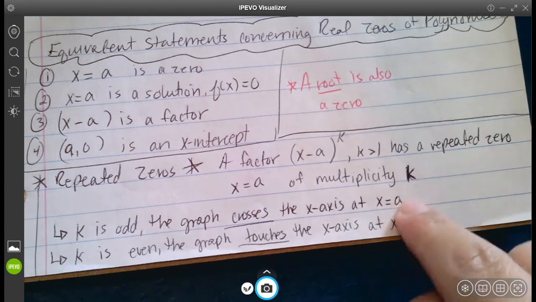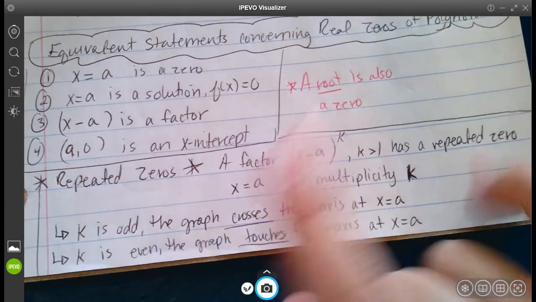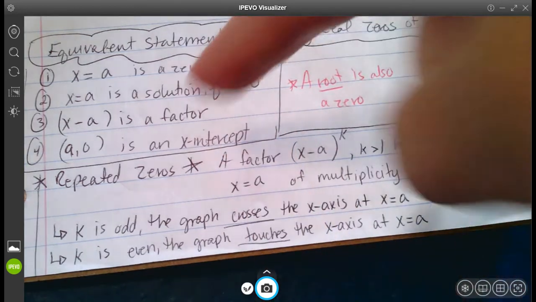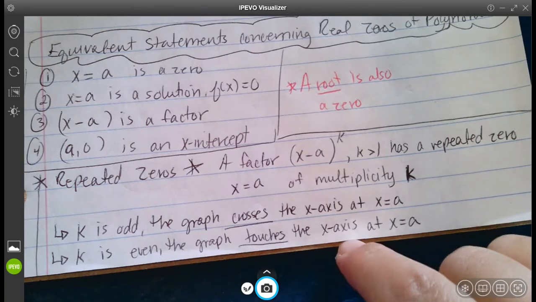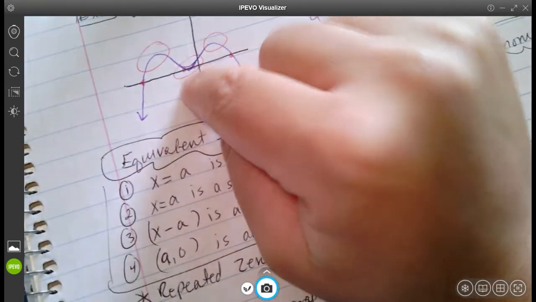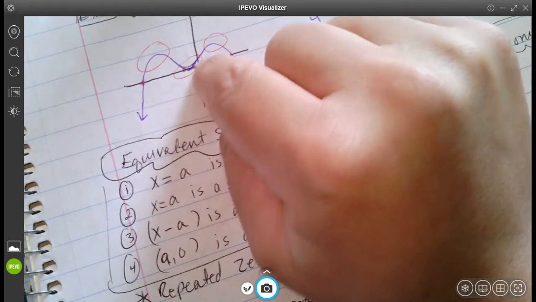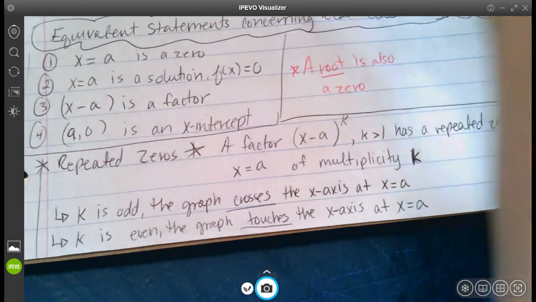It still kind of does the little S looking thing. If it's even, however, so if both arrows are going up or they're both going down, the graph is only going to touch the x-axis at that point. That's what I was referring to here, because I think this one does have a multiplicity, so this point is probably just barely on the x-axis, but like I said, we hadn't got to that point yet.